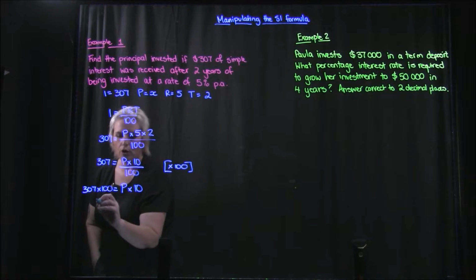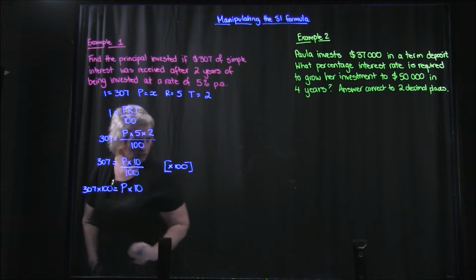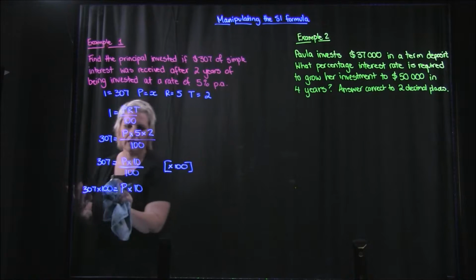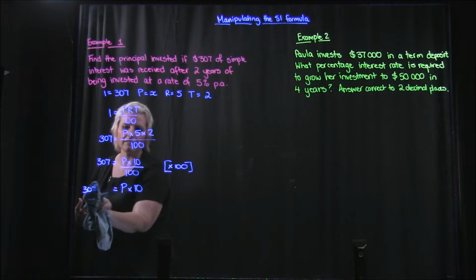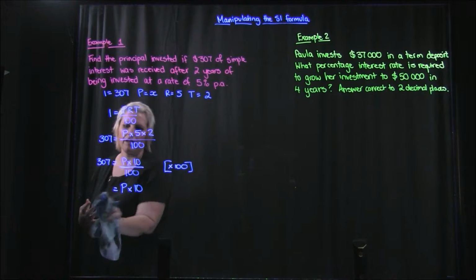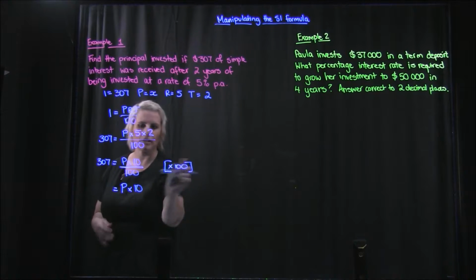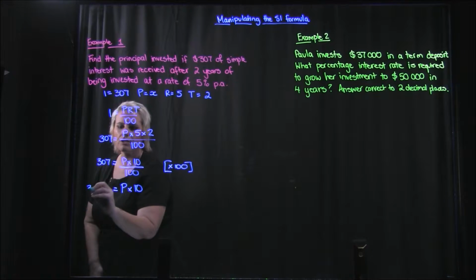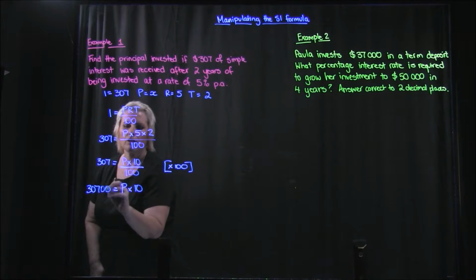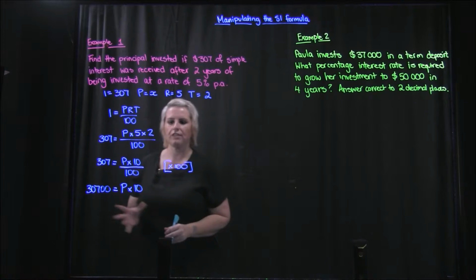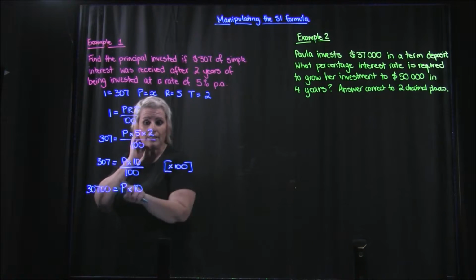Okay? Now that I've written that in, I can actually multiply it by 100 and write that. This is how I communicate what I've done. So that's 30,700, okay?